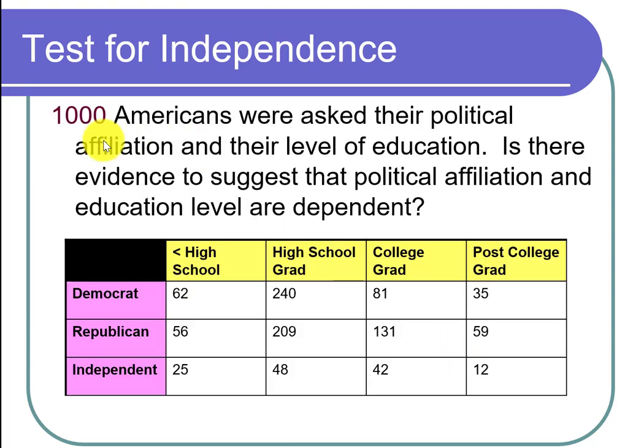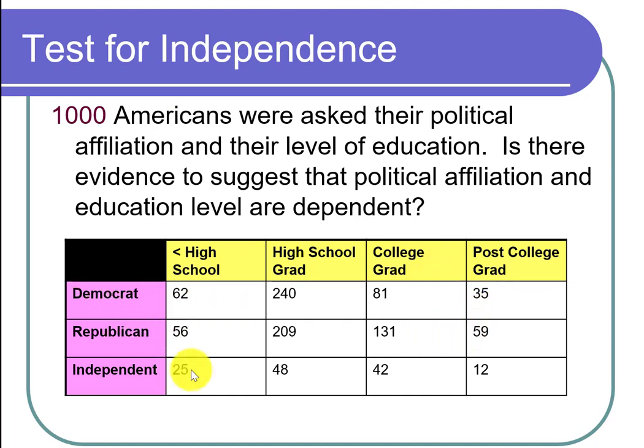So here's an example. 1,000 Americans were asked their political affiliation and their level of education. Is there evidence to suggest that political affiliation and education level are dependent? So we have a table, and typically for a test for independence, there's going to be a table.